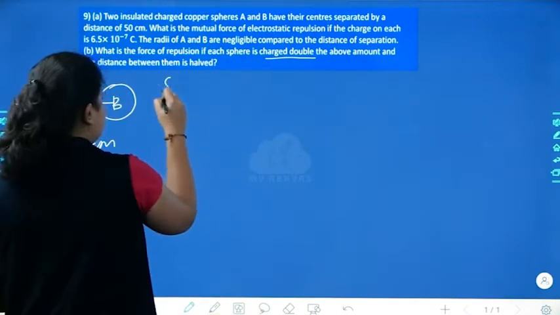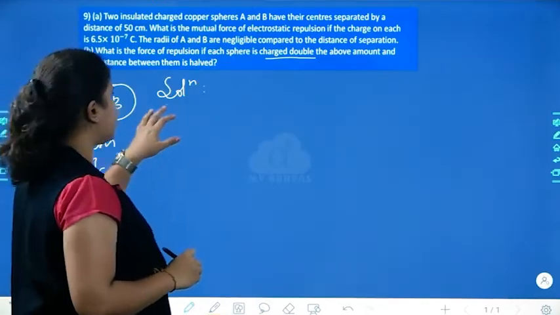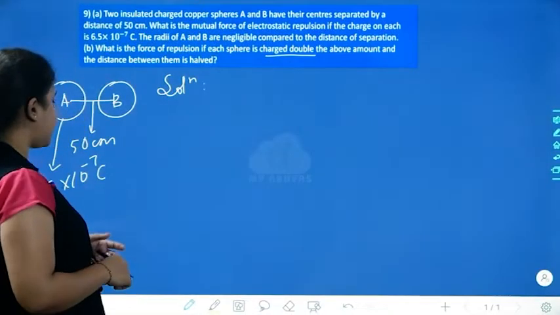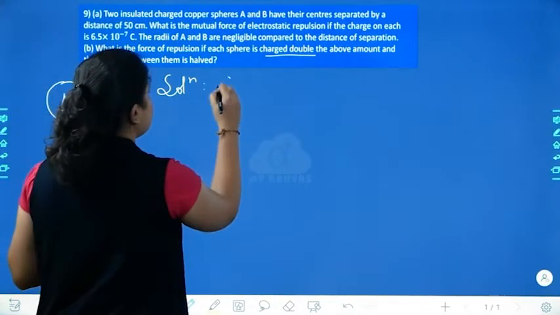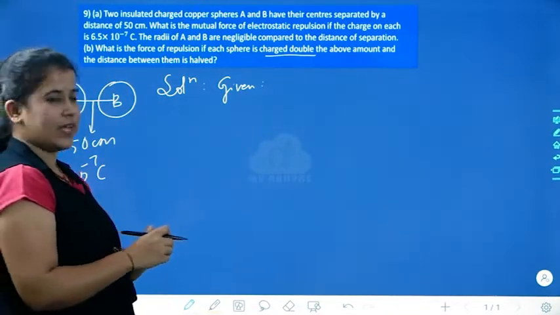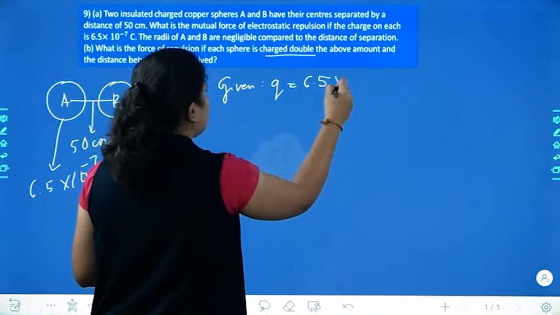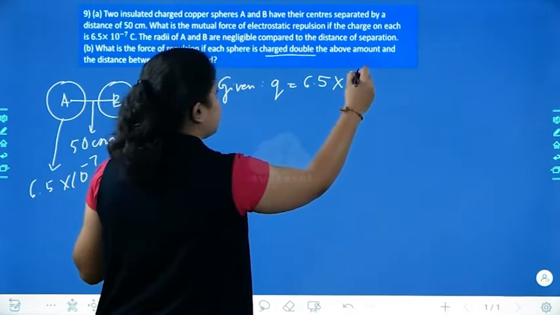So coming to the solution section, first thing I have to remember is, what are the given quantities? The first one is the charge Q, which is 6.5 into 10 raised to minus 7 coulomb.